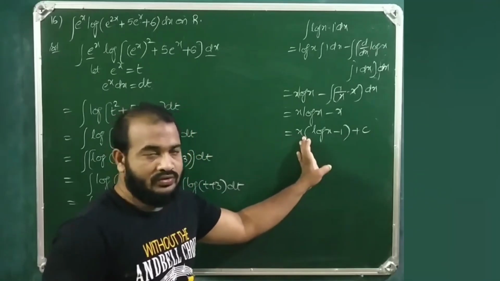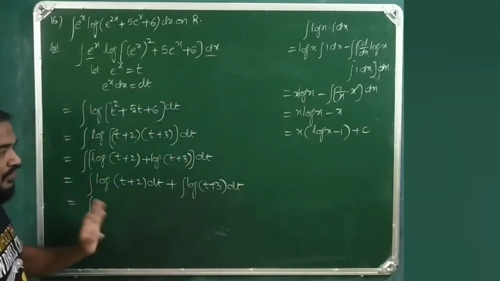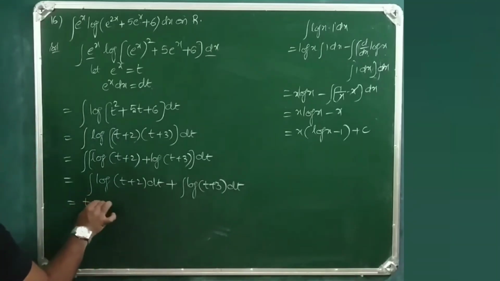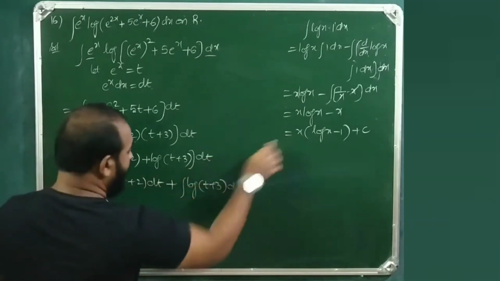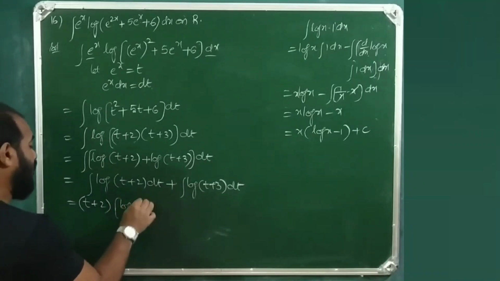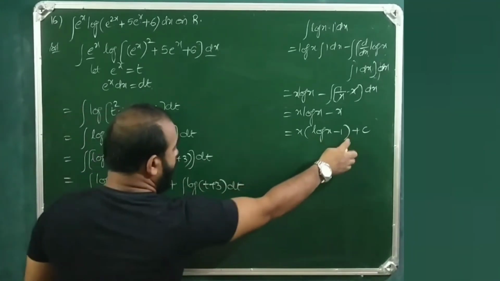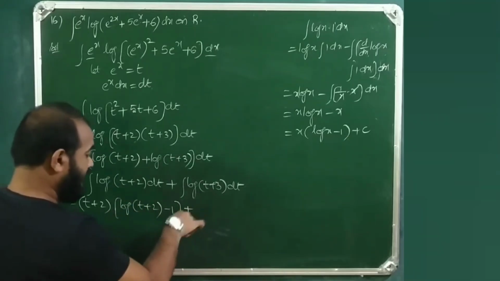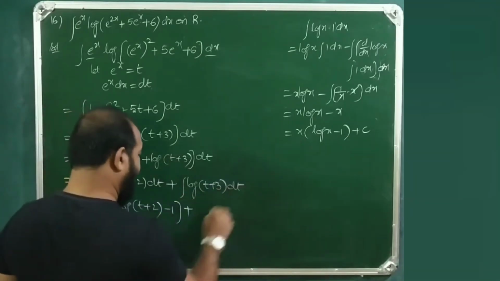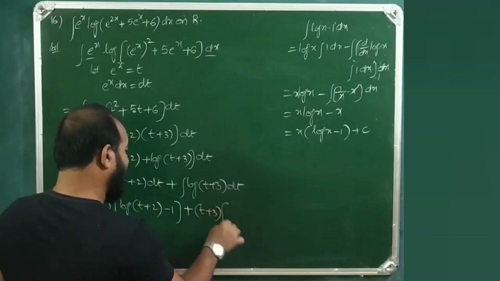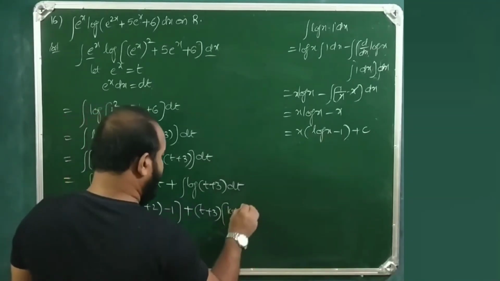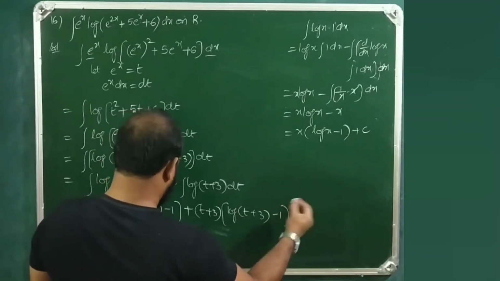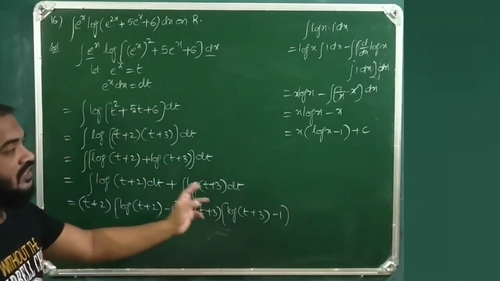So this we know. So let us apply for this. Integral of log(t+2) dt is (t+2)(log(t+2) minus 1) plus, for this, (t+3)(log(t+3) minus 1), plus constant of integration.